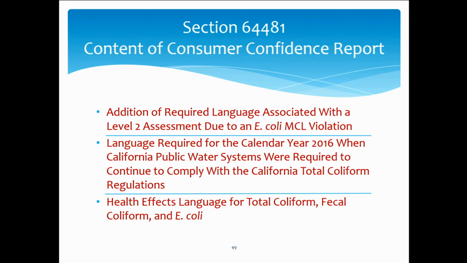There's language required for calendar year 2016, and this will probably go away because we were originally thinking we could get this adopted in 2017, but for your 2016 CCR, you're only subject to the California total coliform rule. And then health effects language for total coliform, fecal coliform, and E. coli have been changed.